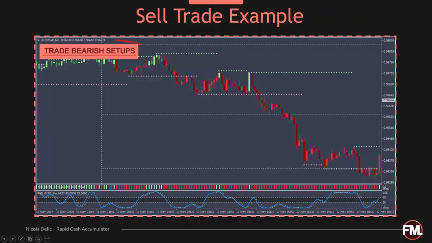First example over here, we need to check that the direction says trade bearish setups, fine. Over here we didn't get the breakout, but here we have the breakout. So we need to check if the histogram is red. In this case it's red, and price must be below 35.